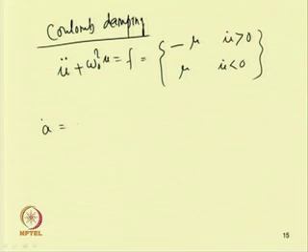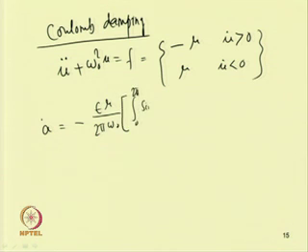So, we can write a dot equal to minus epsilon mu by 2 pi omega 0, integration 0 to 2 pi of sin phi, and this term is constant, so we can write minus mu, d phi.